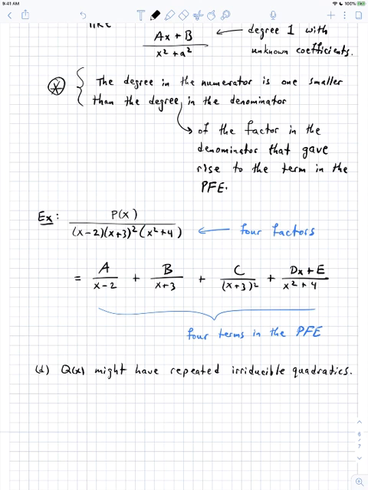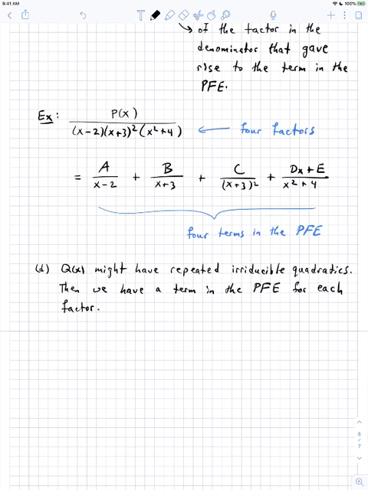And in this case, we have a term in the partial fractions expansion for each factor. So, and then we sort of combine what we've seen before.